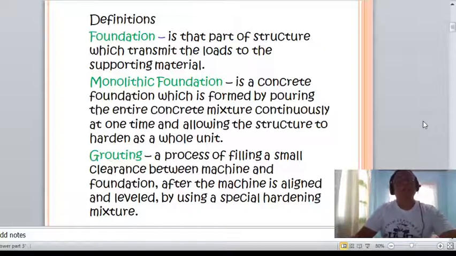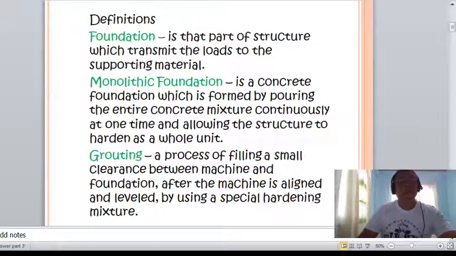So foundation is part of a structure which transmits the loads to the supporting materials. Another term is monolithic foundation. It's a concrete foundation which is formed by pouring the entire concrete mixture continuously at one time and allowing the structure to harden as a whole unit.